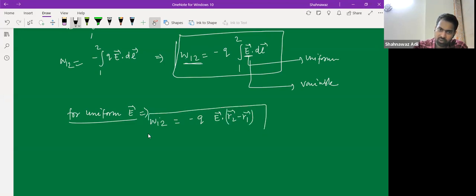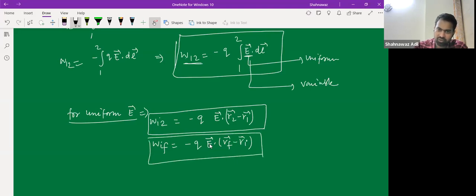So in a more understandable way, work done in bringing a charge from initial to final point is minus Q E dot (R final minus R initial). This is the work done for the case of uniform electric field, right?